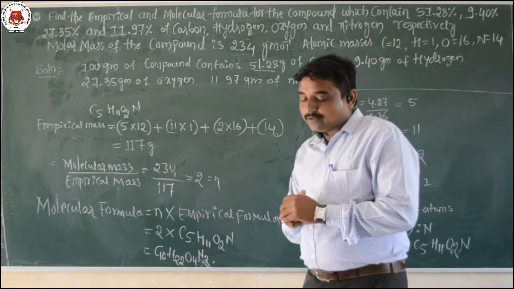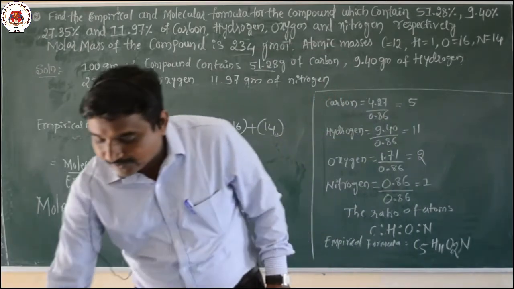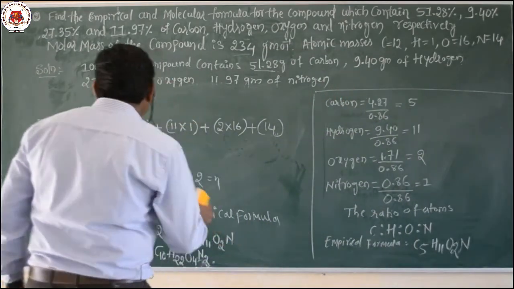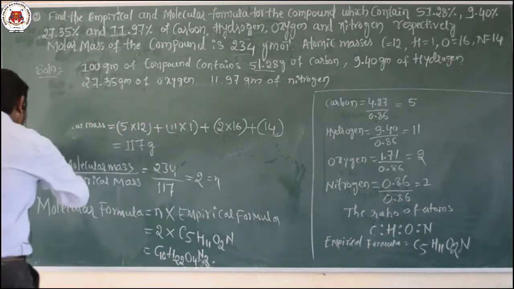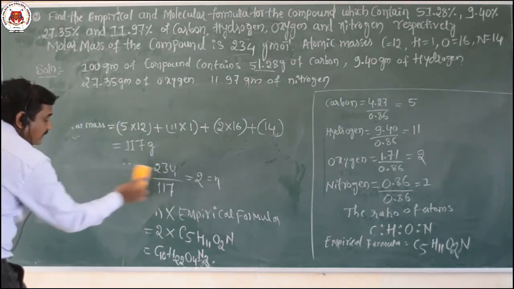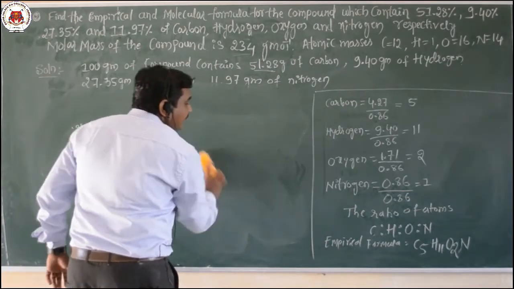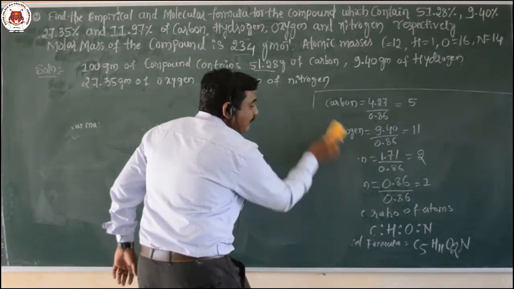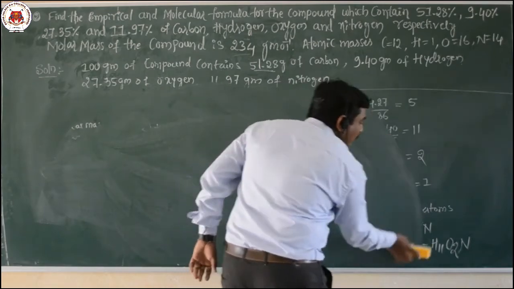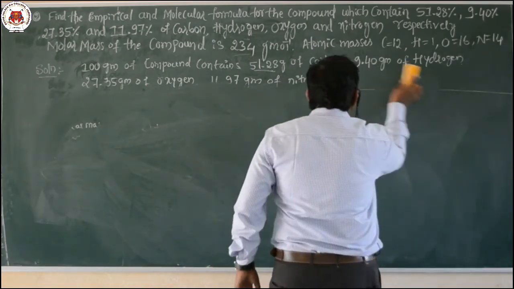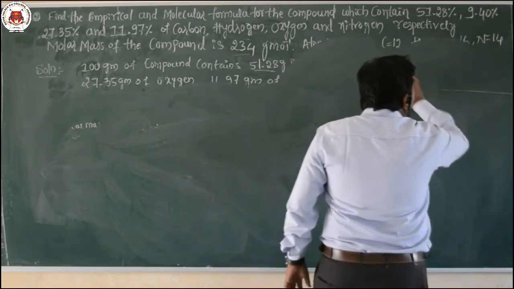Okay, so I will move on to one more concept, that is stoichiometry and stoichiometric coefficient. Stoichiometry is the measure of the proportion of the reactants reacted and products formed.